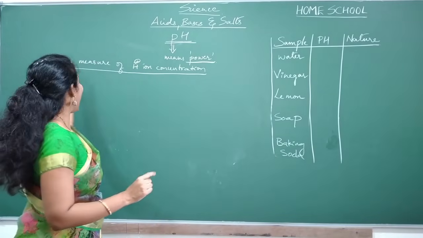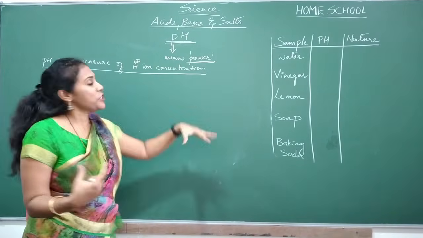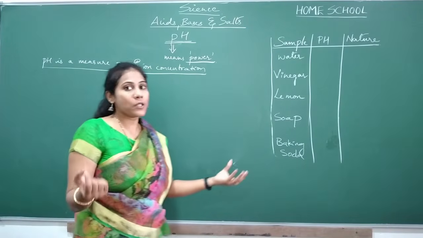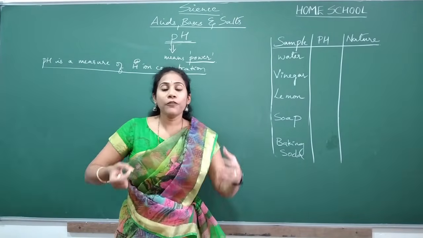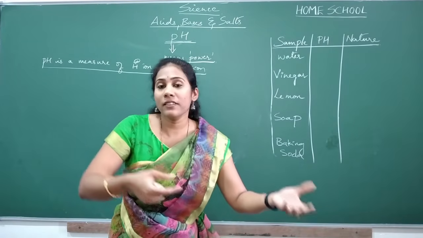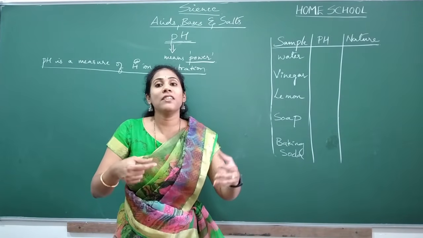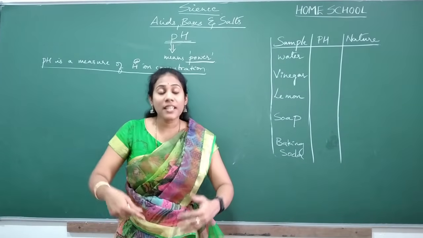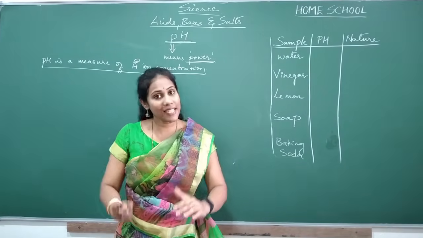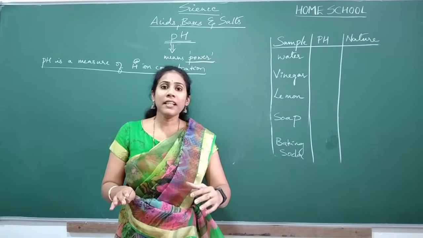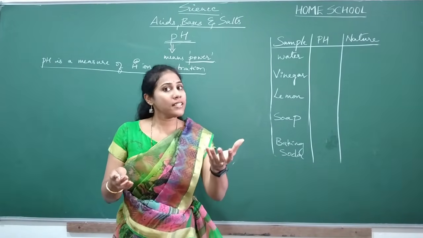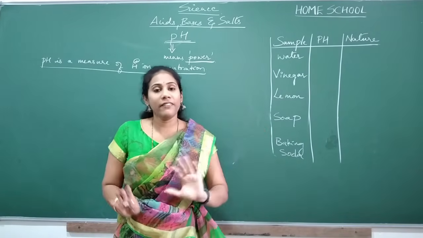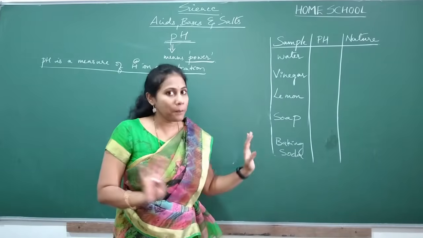So we are measuring the power, or strength, of H plus ions. If you have more H plus ions, that solution is more acidic. If you have fewer H plus ions, that solution is less acidic. Similarly, OH minus concentration can also be found, and that is called pOH. Anyway, now let us talk about pH only.